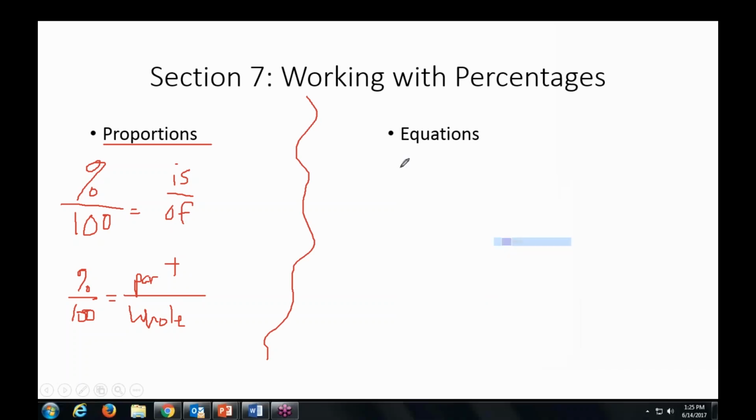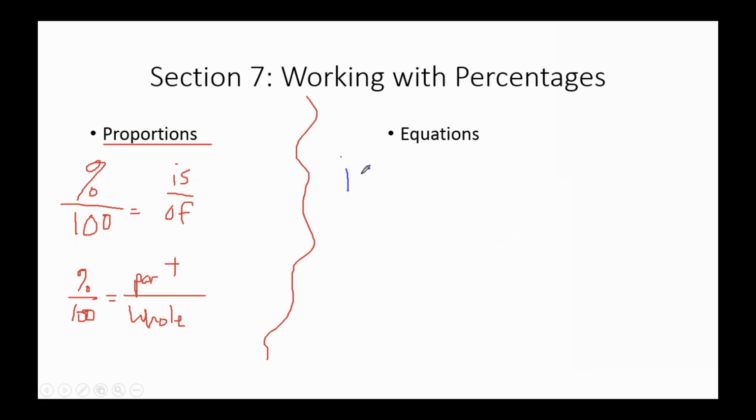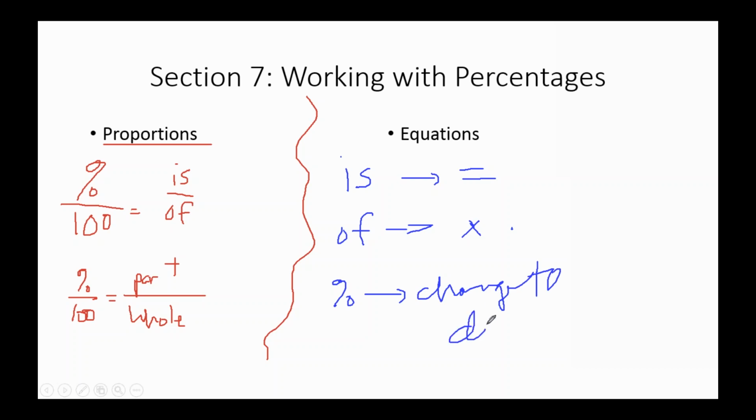When we're talking about equations, the key that you have to remember is that is means equals, of means to multiply, or I sometimes use a dot, and the last one, the percent, you have to change it to a decimal.